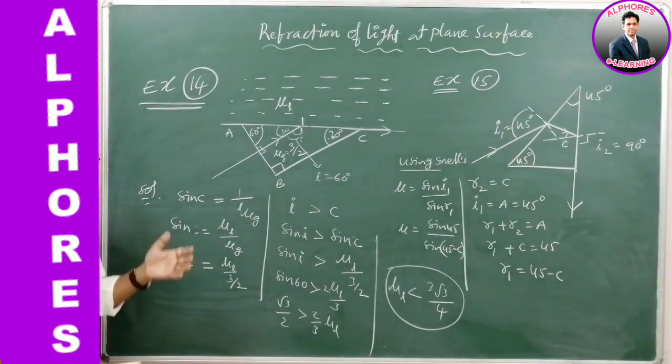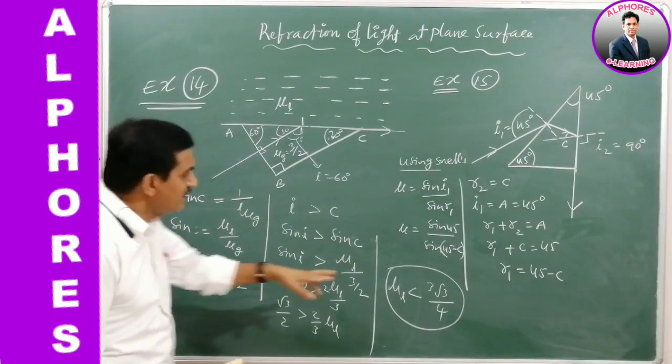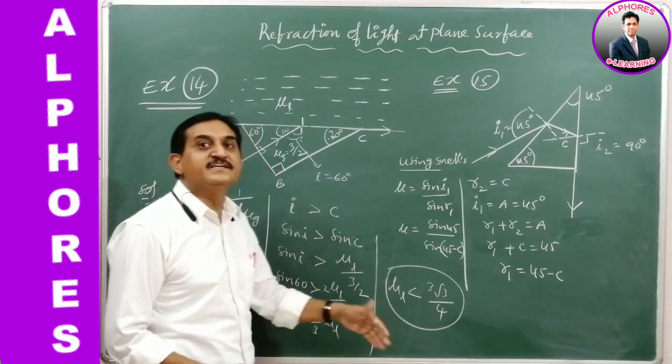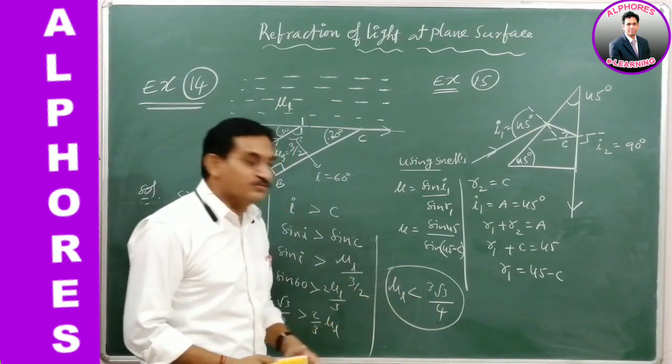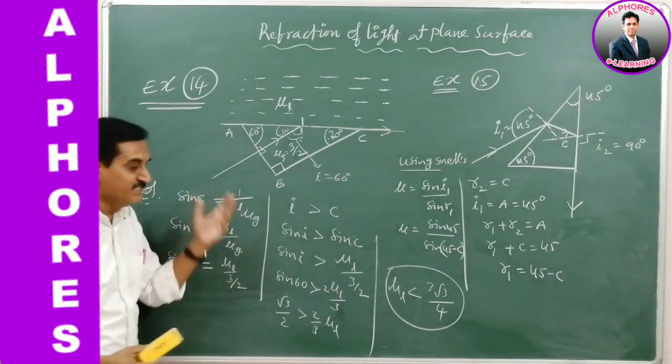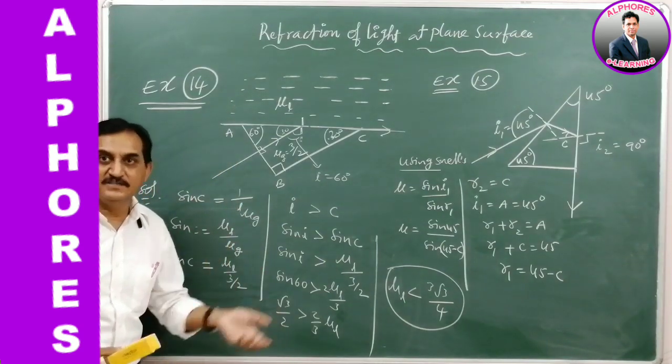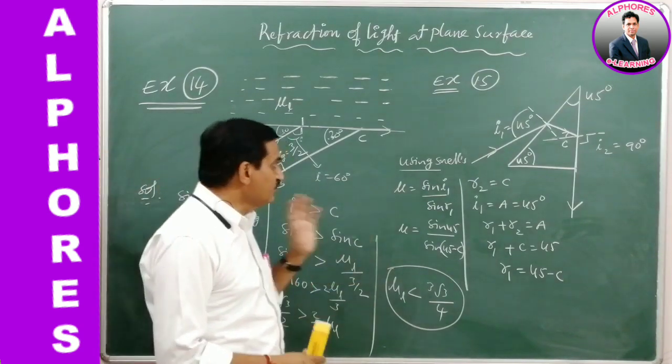Means the boundary case where it starts grazing. Of course, less than this value, it undergoes TIR. If it is equal to 3 root 3 by 4, that is grazing the surface separating two media. So this is the question.